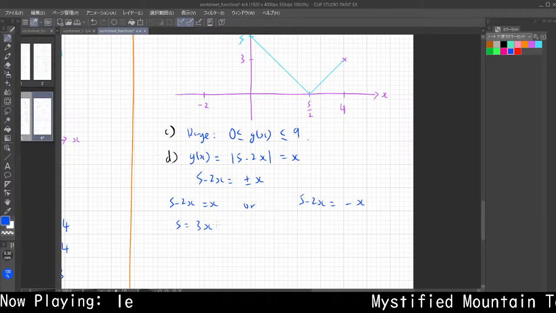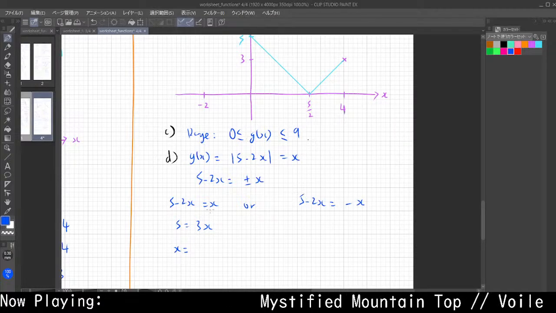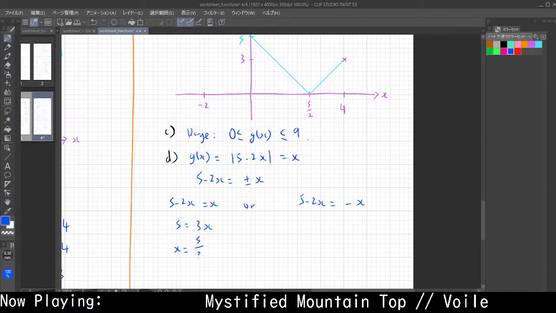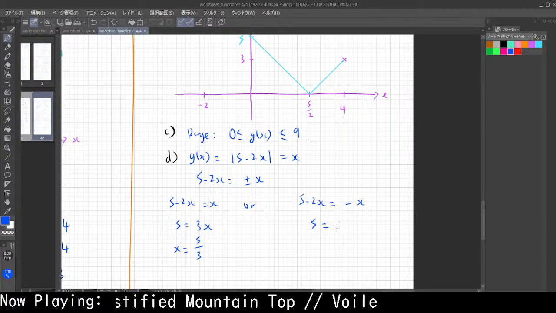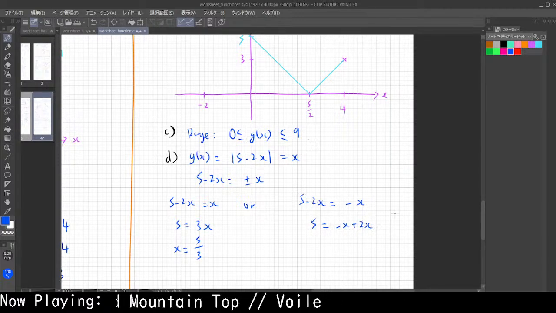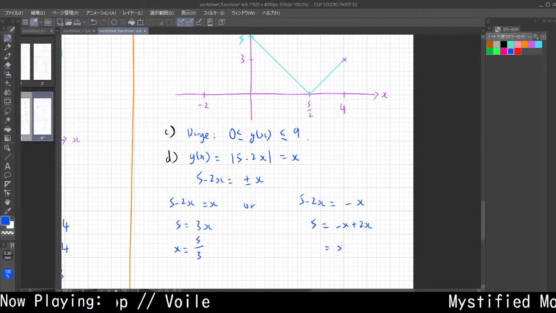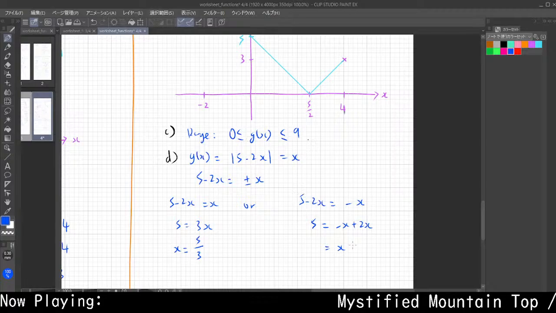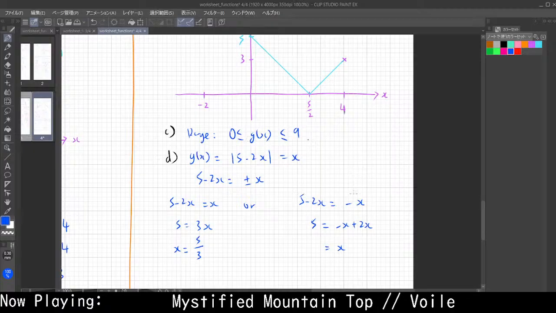And then the 3, you want to throw it over to the other side to do division, so x equals to 5 over 3. Second case, negative x plus 2x, this is 2 minus 1, you get x. So 5 is equal to x, so x is equal to 5. That's it.